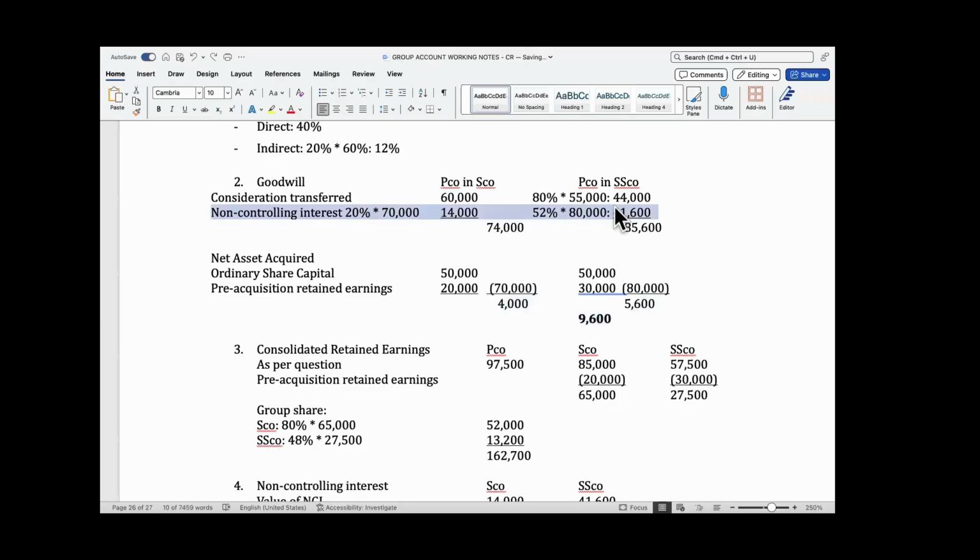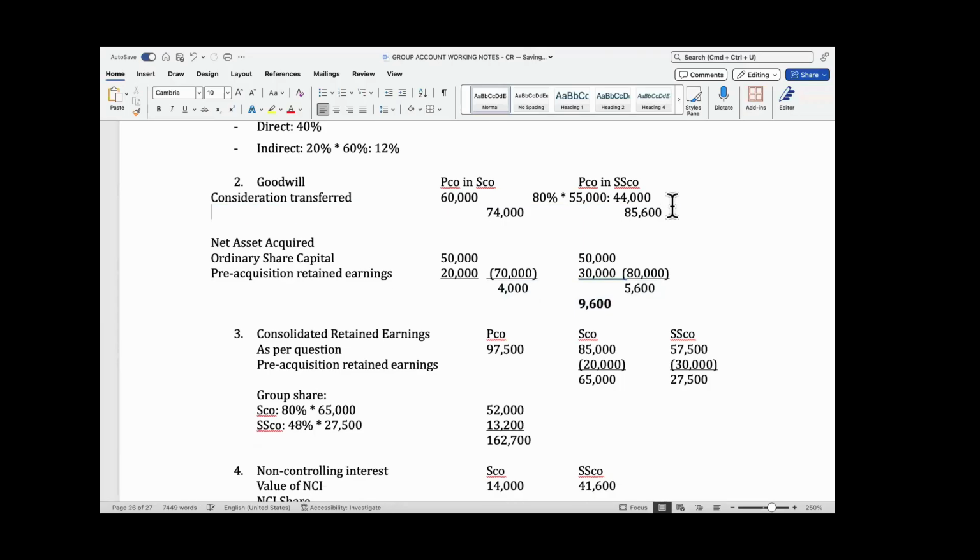Let's assume I remove this one, and this becomes 100. Since this is 80%, my holding in this one is, I think, 48%.